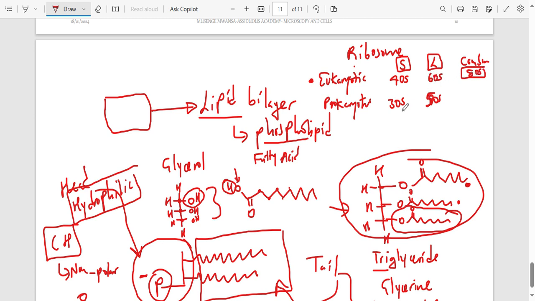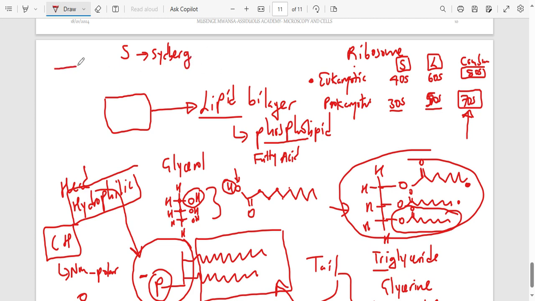Same with the prokaryotic cells. The small subunits are called the 30S. You add a 20, you get the 50S, which are the large. Add a 20, you get the 70S, which are the combined. So this will be the ribosomes of a prokaryotic cell. The S is representing what is known as the Svedberg unit or Svedberg constant.